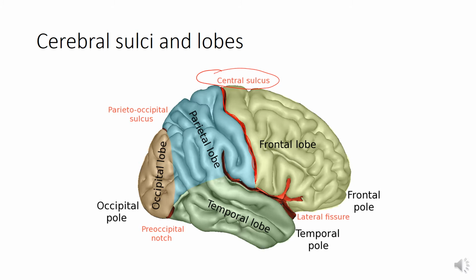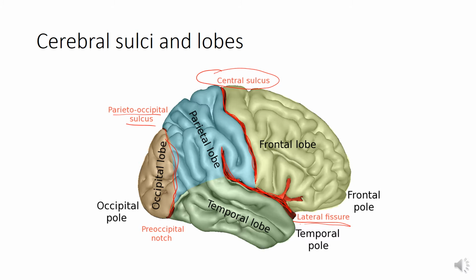Another is known as the lateral fissure, and another present in the posterior part is known as the parieto-occipital fissure. So these three fissures or sulci divide the cerebral hemisphere into lobes.